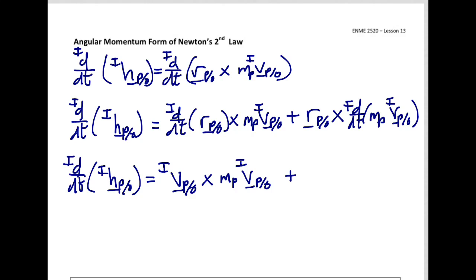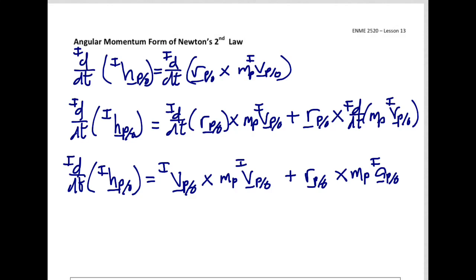And then our second part is our position vector, r of P with respect to O, cross with the mass of the particle multiplied times the time derivative of velocity, which is the acceleration of P with respect to O, as observed in the inertial reference frame.